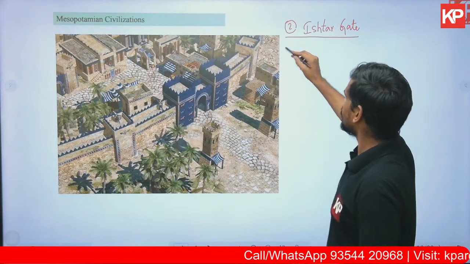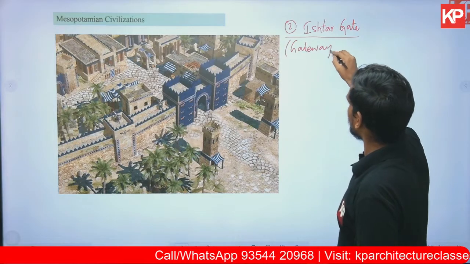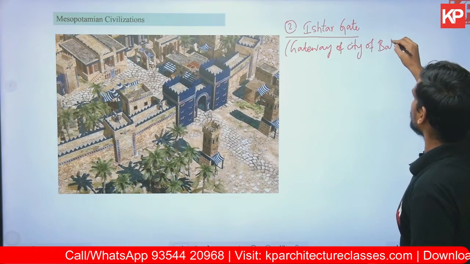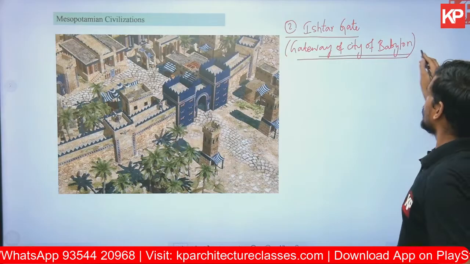Istar Gate is the main gateway of the city of Babylon. It is the entrance gateway.